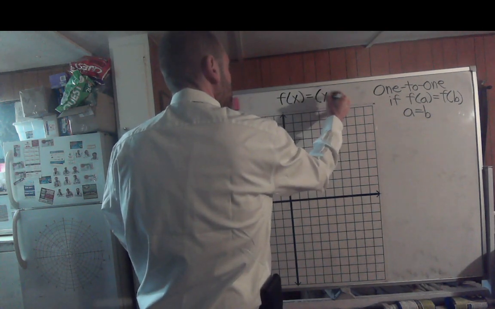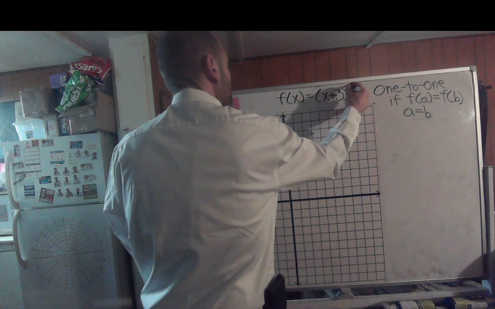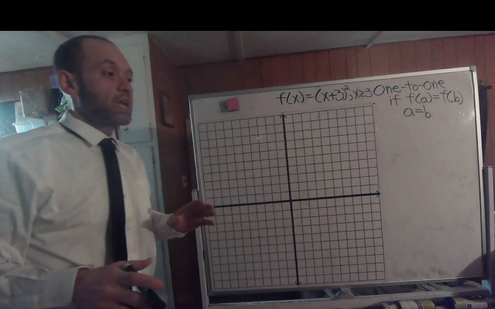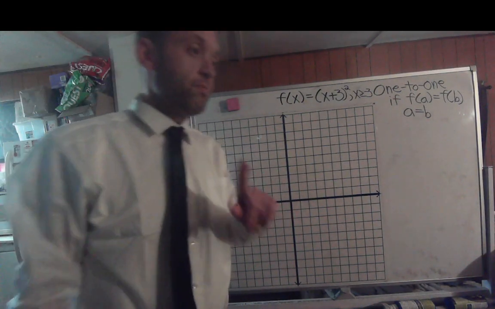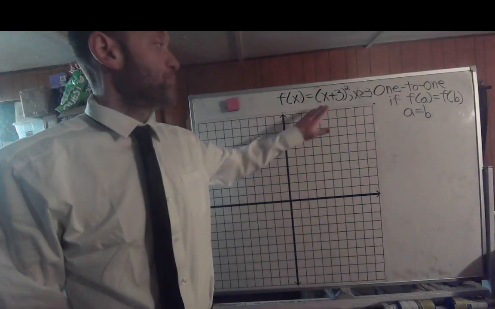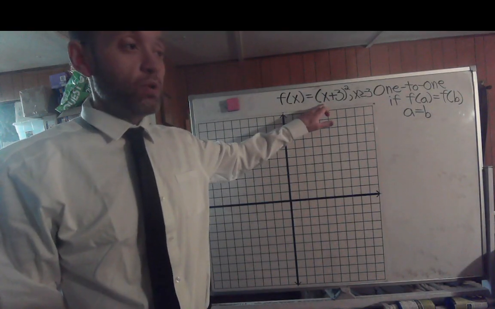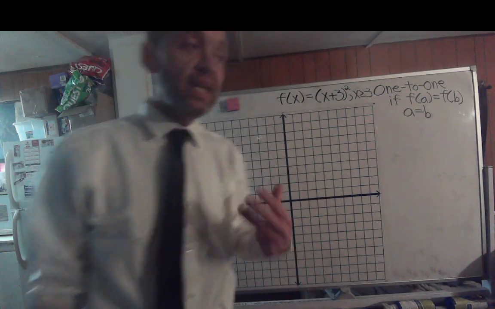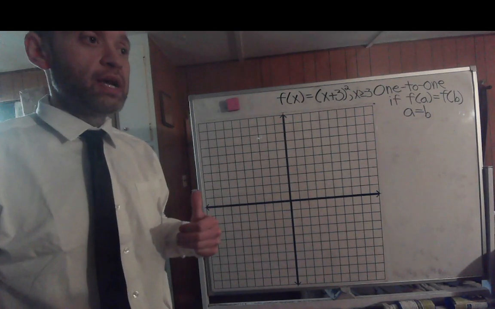Now, here's an interesting one. F of x equals x plus 3 squared, where x is greater than or equal to negative 3. So, if we normally algebraically verify that this is one-to-one, you would get that this is not one-to-one, because quadratic functions in and of themselves are not one-to-one.